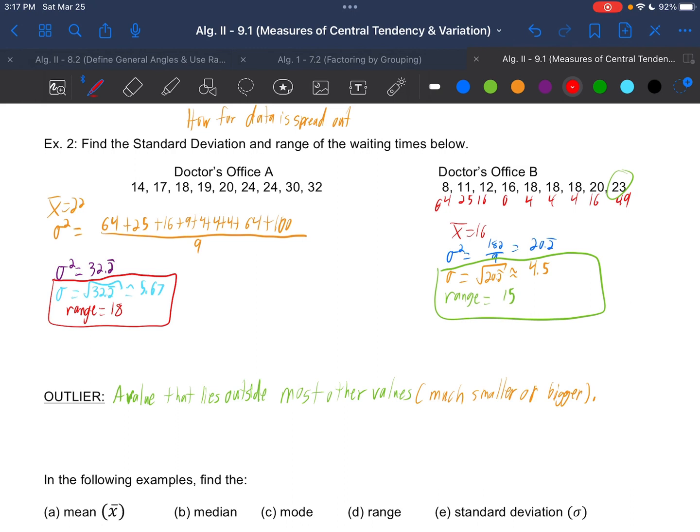And in order to be able to be defined as an outlier, we have to say it must be at least 3 standard deviations from the mean.